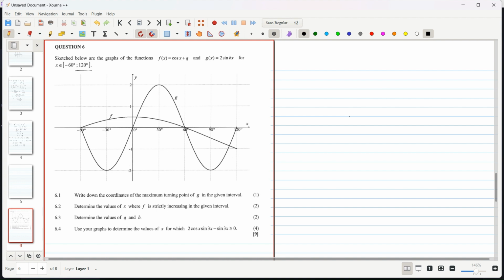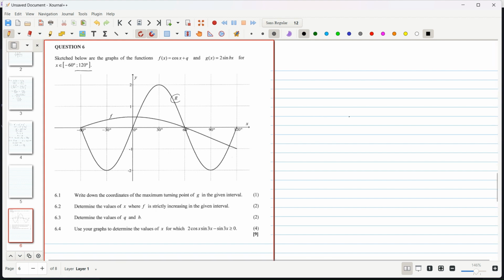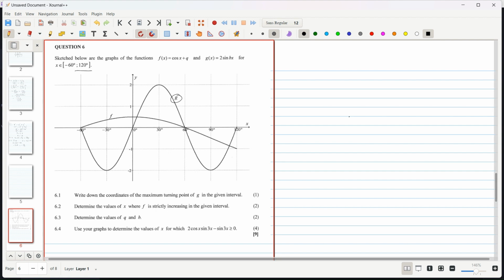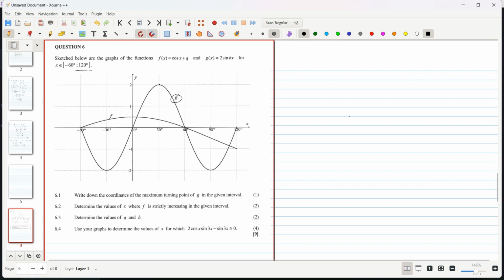The first question here, they ask us to write down the coordinates of the maximum turning point of g in the given interval. So you need to determine what g is. g is this graph here. The maximum has to be somewhere here.